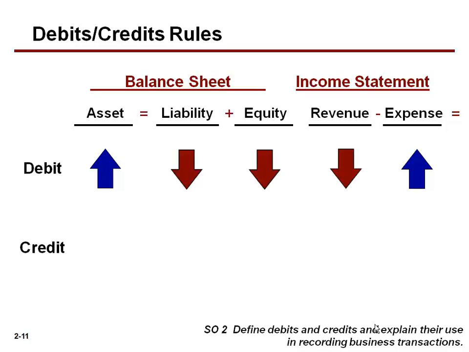Likewise, debits will decrease liabilities. They'll decrease any equity account. They'll decrease revenue accounts. We normally do not have debit values in revenue accounts except at year-end during certain special closing procedures, which we'll look at in another chapter.